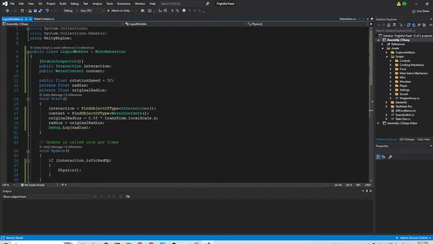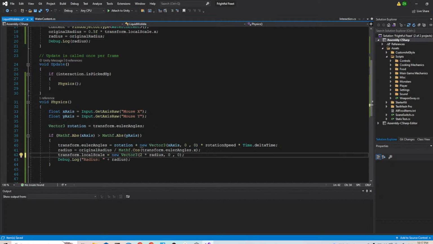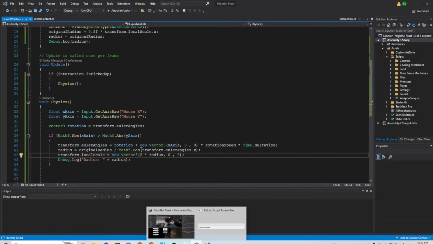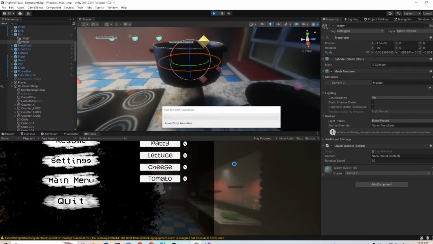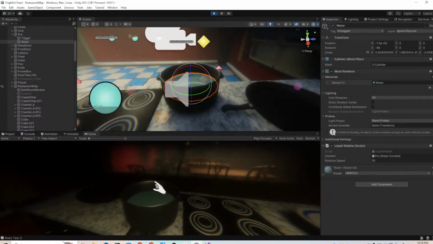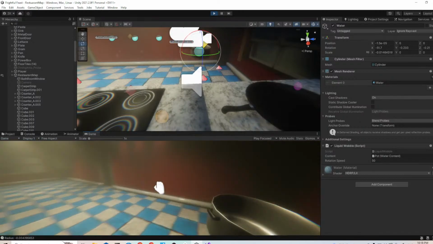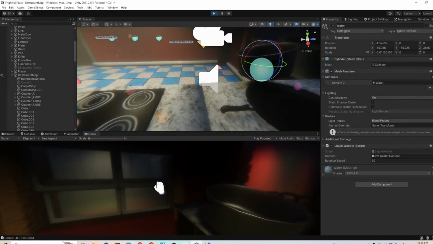Radius. Oh, I don't know. Plus equals. Oh, maybe that's why. That could be why. Oh, what? I don't even know where it is.